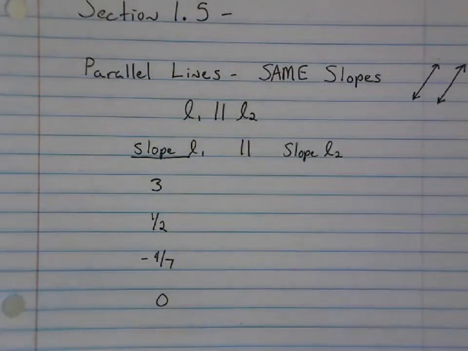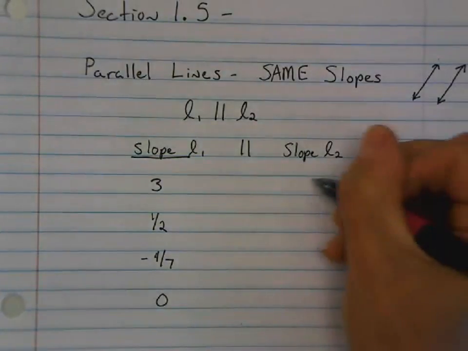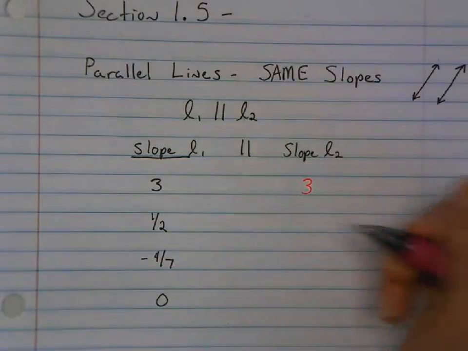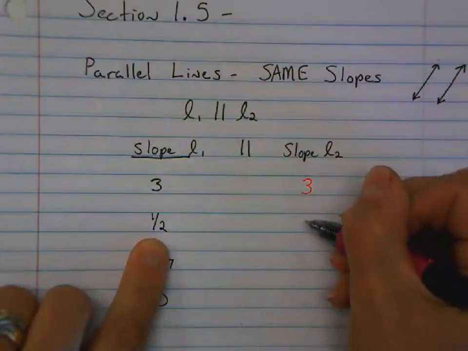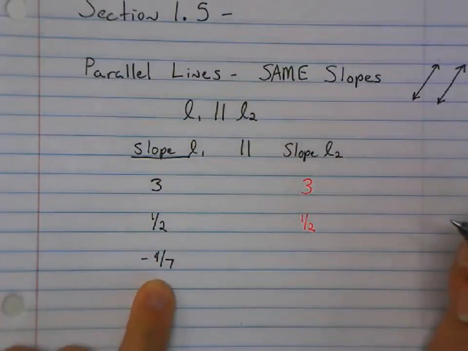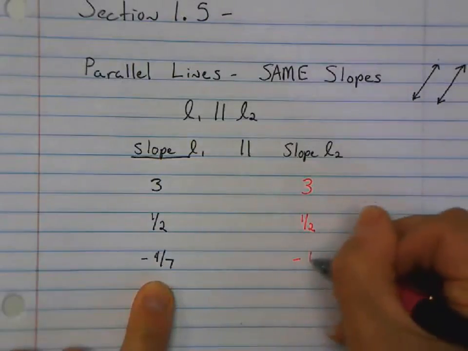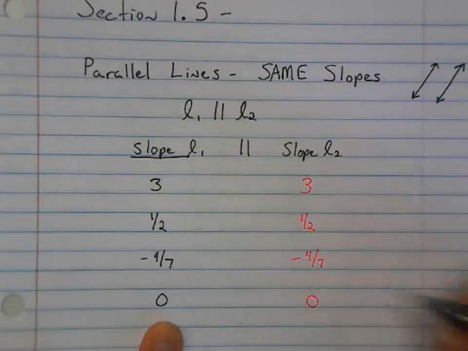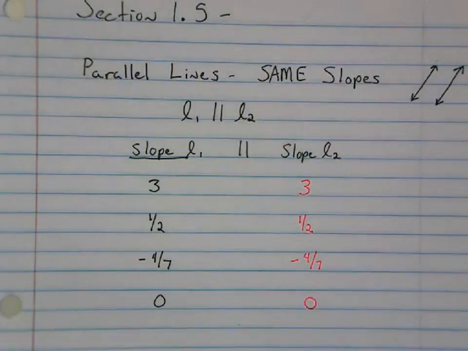This is going to be really tough, so hold on. You ready? Line 2 would be 3. If the slope is 1/2, the parallel line is 1/2. Yes, it's that easy. If it's -4/7, the parallel line is -4/7. If it's 0, the parallel line is 0. Okay? Easy. Let's shift over to perpendicular.